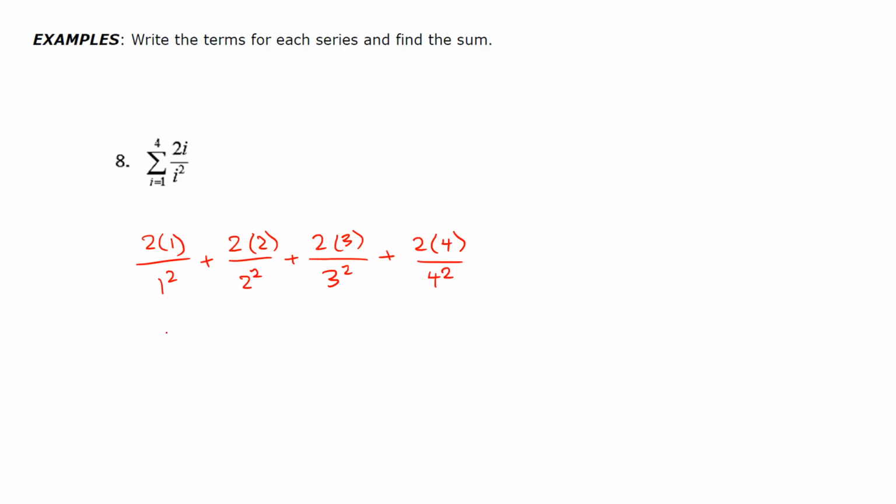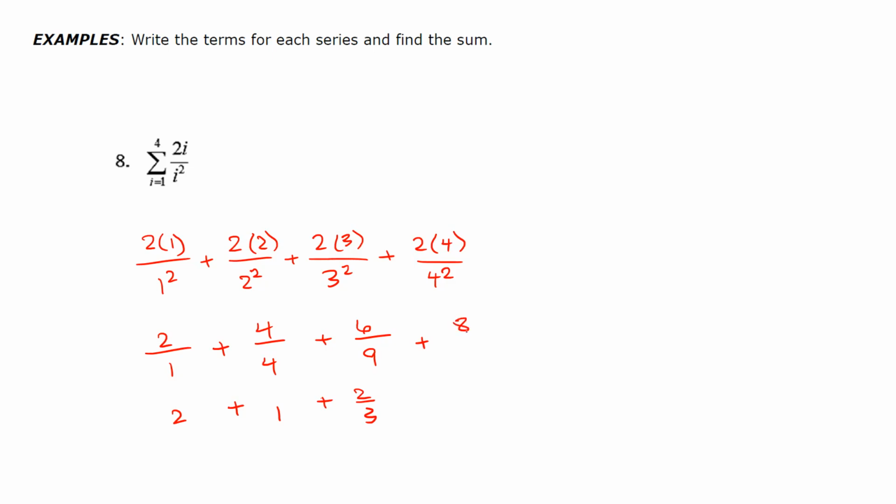So when we simplify, we'll have 2 divided by 1, that equals 2. And then we'll have 4 divided by 4, that equals 1. Then we'll have 6 divided by 9, that equals 2/3.